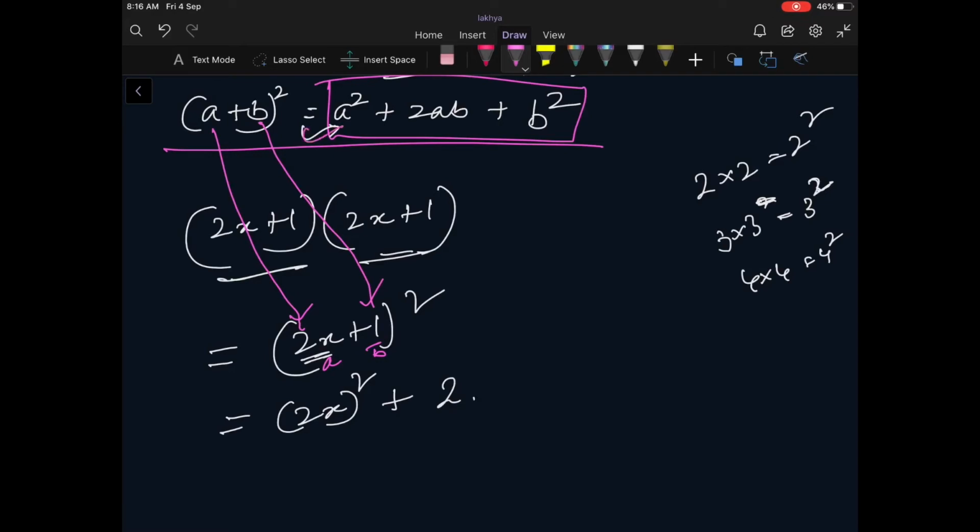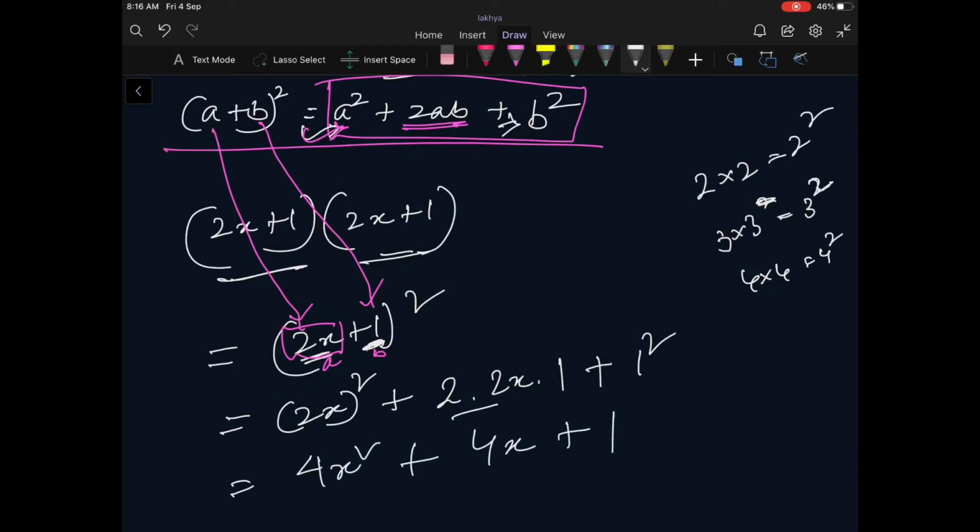A is twice x, b is 1, so 2 into 2x into 1, plus b square. Instead of b there is 1, so there must be 1 square. So 4x square plus 4x plus 1 square is 1.